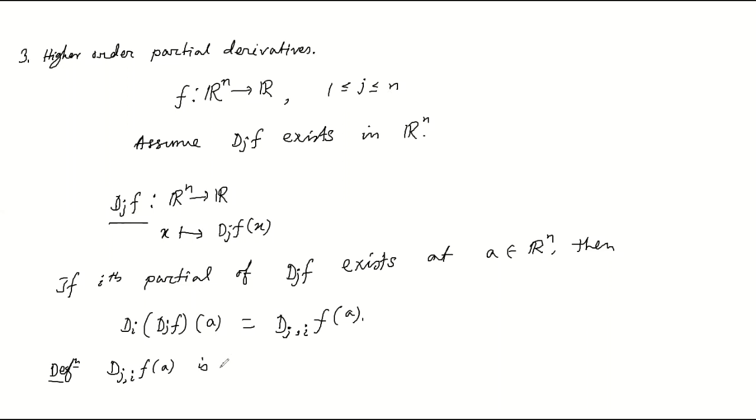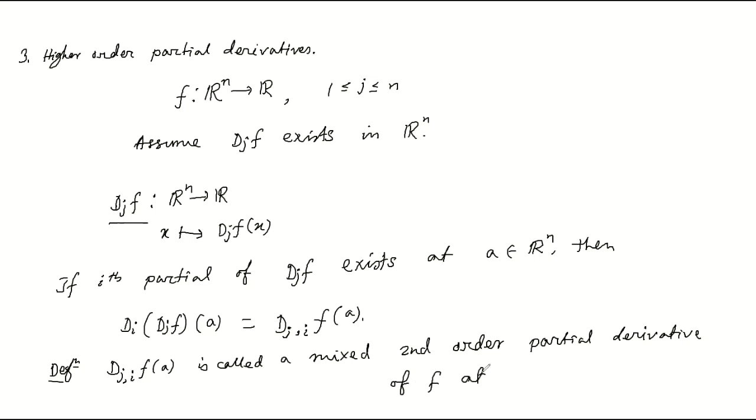So this is called a mixed second order partial derivative of the function f at the point A. And similarly, one can define higher order partial derivatives.